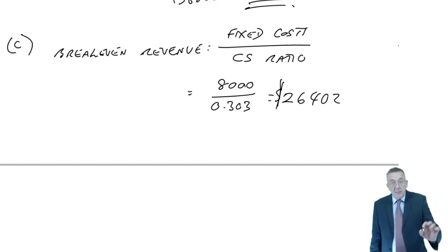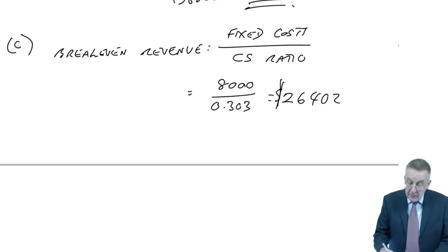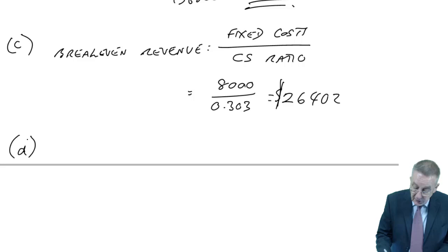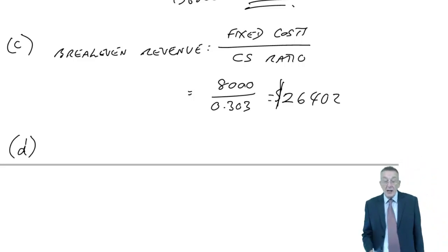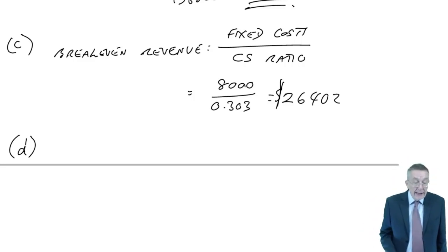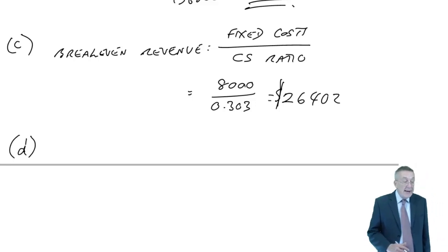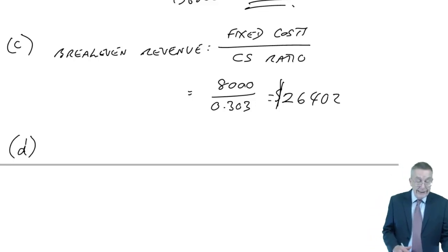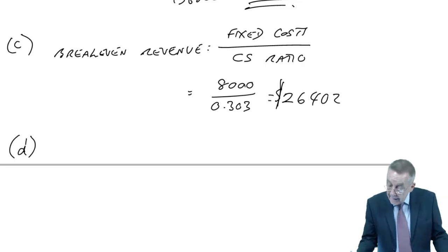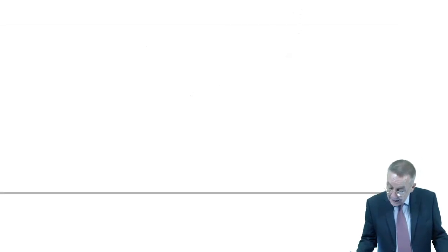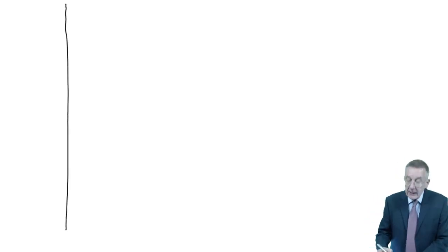And finally, for this bit of example 6, it says construct a PV chart, a profit volume chart, which again we went through in the last lecture, still assuming that the budget mix of production remains unchanged. And so let's have a go. Again, forgive me, I'll be neat, but I'm certainly not going to try and be perfect.